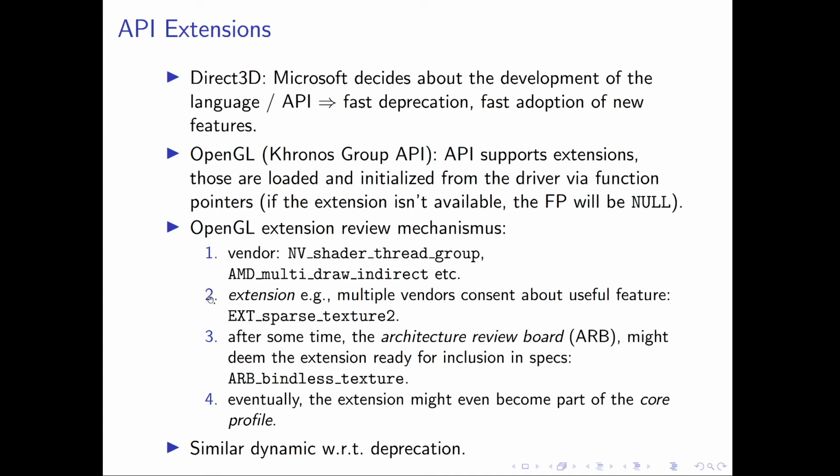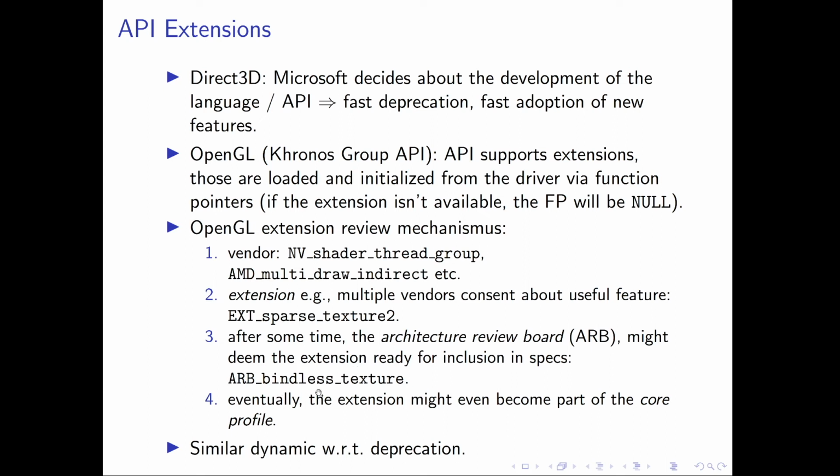And from there on, certain vendors might agree that an extension is there to stay, and then it gets this prefix X'd, and only then, after some time, the extension is really taken under consideration by the architecture review board, by the ARB, and only then it is discussed if the extension should be included in a future standard.